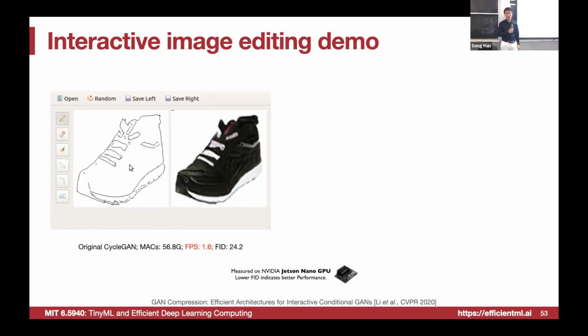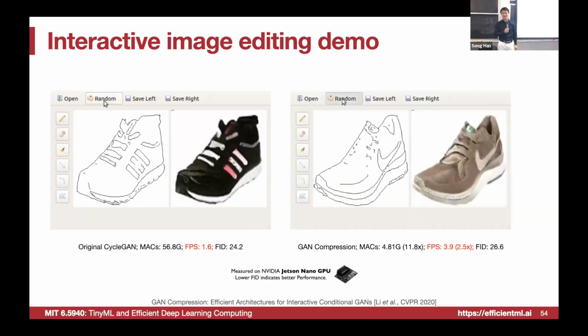We want to draw another logo, but the frame rate is pretty low, 1.6 frames per second running on a mobile device, the Jetson Nano GPU. We tried many times to make it into a Nike shoe and change the logo, but it's very slow. Can we make it faster?